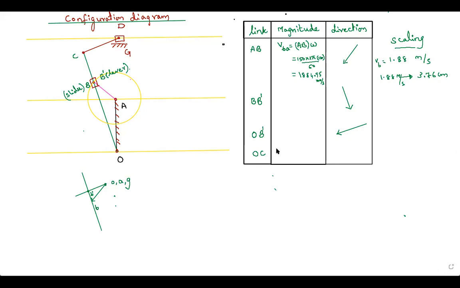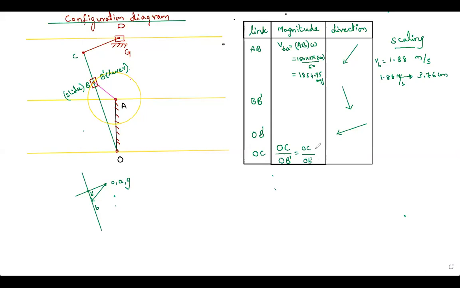Okay, the velocity magnitude of OC, I'm going to find out in this manner. Capital O, capital C, from the configuration diagram, divided by capital O, capital B dash, is equal to small o small c. From the velocity diagram I can measure small o small c and small o small b dash.